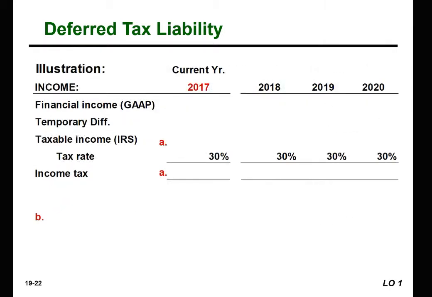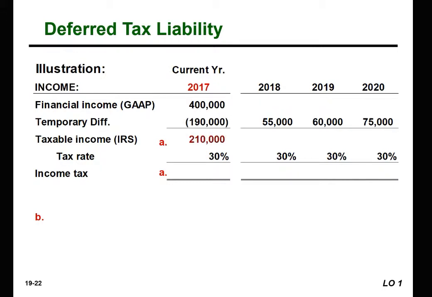So our current year financial income is $400,000. We have a temporary difference related to 2018 of $55,000, 2019 $60,000, and 2020 $75,000. So that is a total of $190,000 difference in 2017.